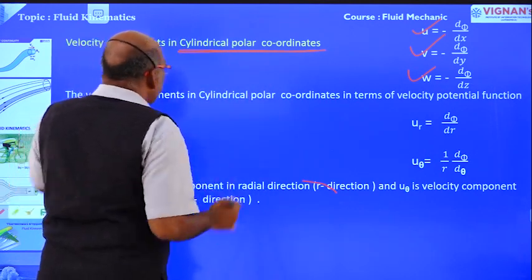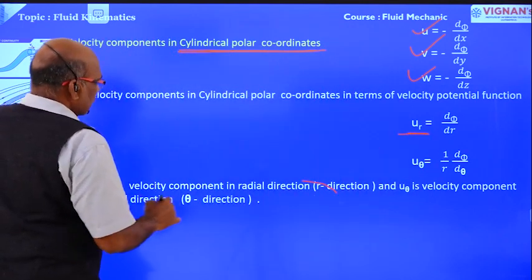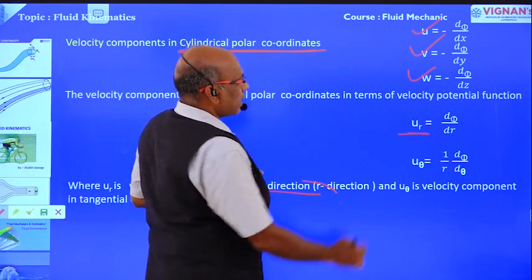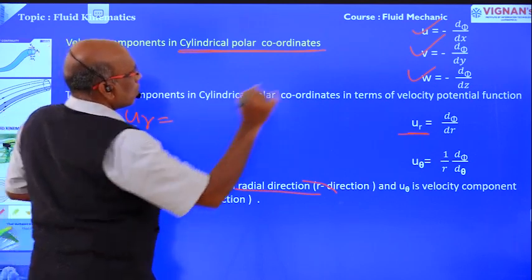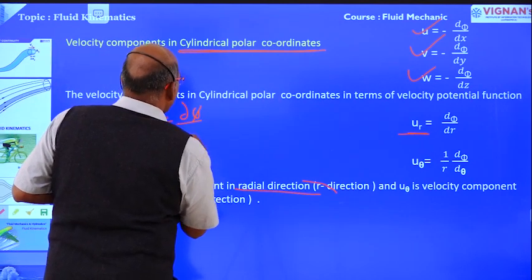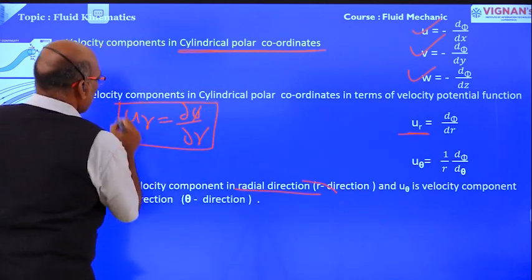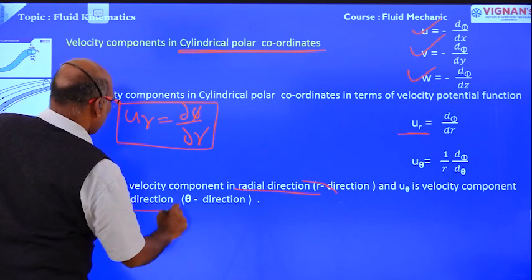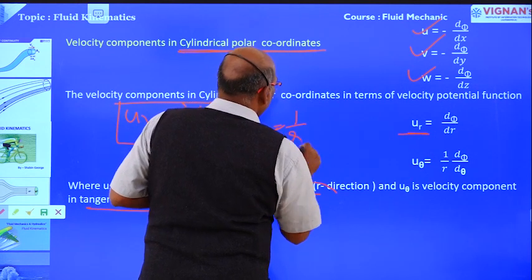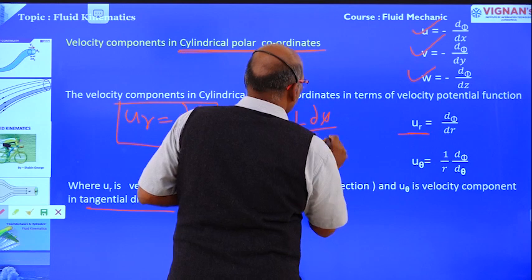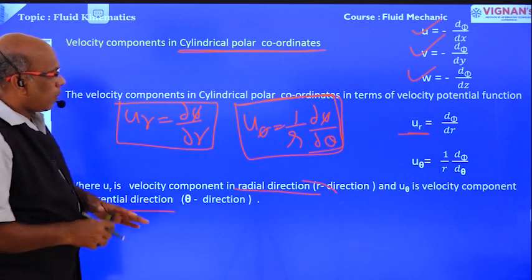Here, u_r is the velocity component in the radial direction, u_r is equal to minus dou phi by dou r. And the velocity component in the tangential direction, u theta, is equal to minus 1 by r dou phi by dou theta. These two formulas are useful when we solve problems.